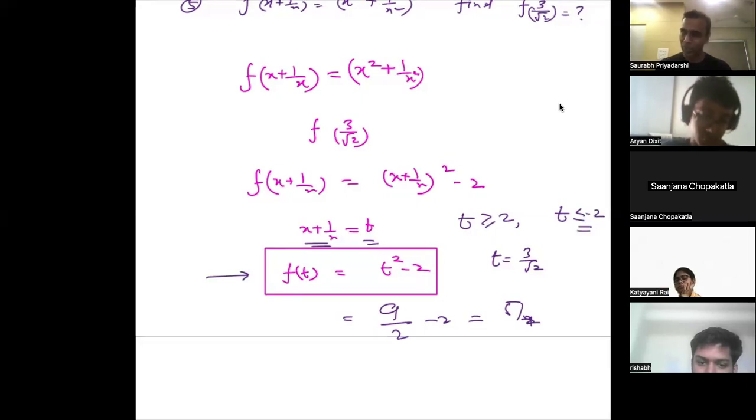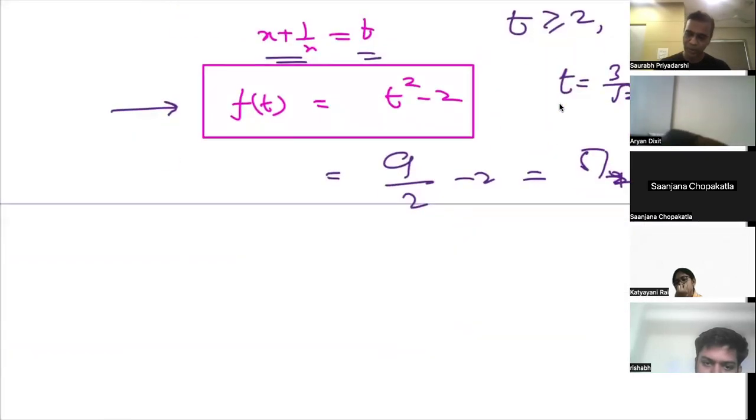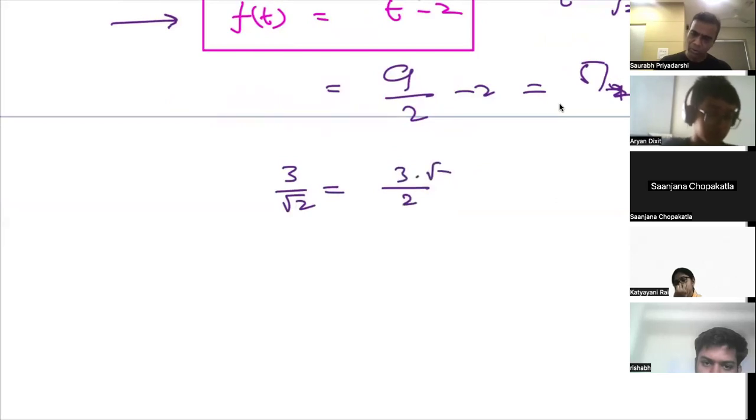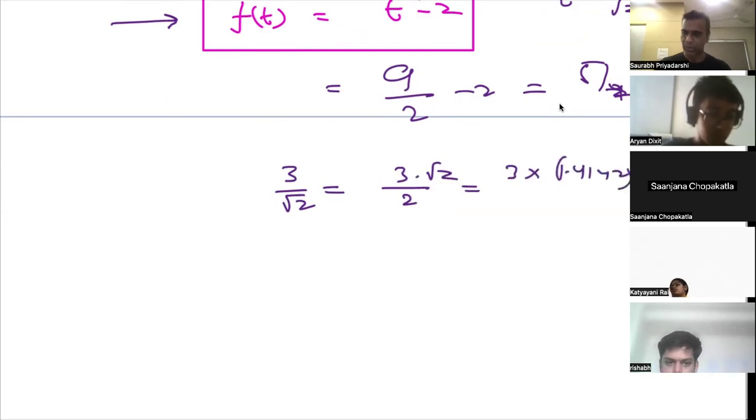So is 3 by root 2 greater than 2 or less than minus 2, or is it coming in between? 3 by root 2 is 3 upon 2 into root 2, which is 3 by 2 times 1.4142.